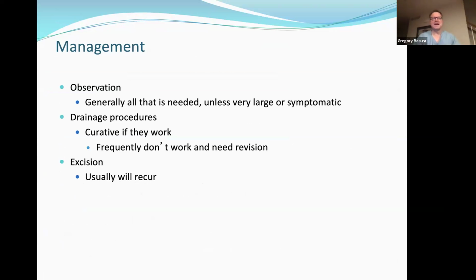So wherever you're practicing, if you've got somebody who feels comfortable with transsphenoidal surgery into the cranial base, that would be an ideal partnership, because you may need them to help you drain those types of things. But then usually they'll recur. So that's the challenge of this thing. You have to counsel the patient also that there's a high likelihood that it could come back.